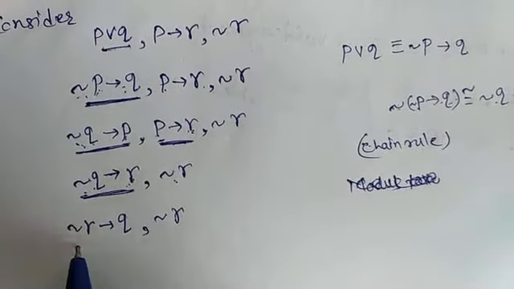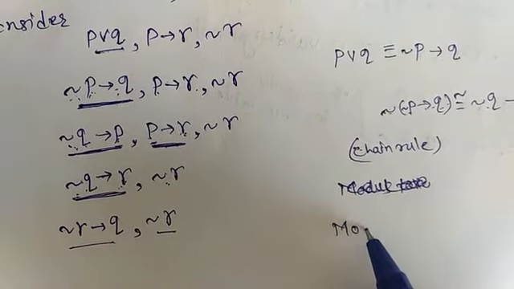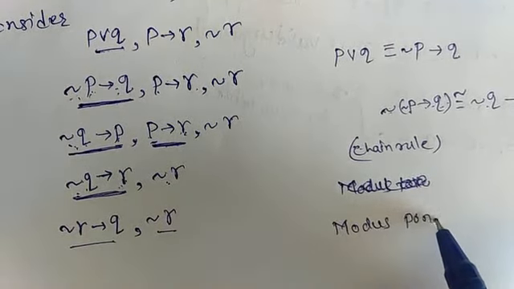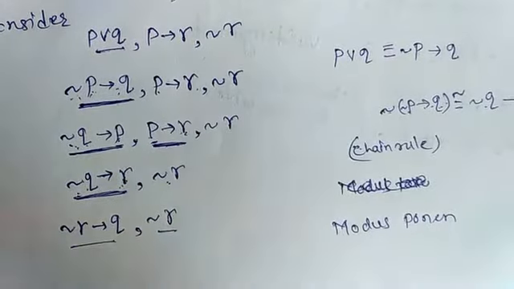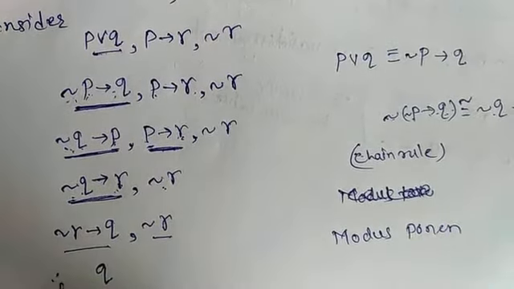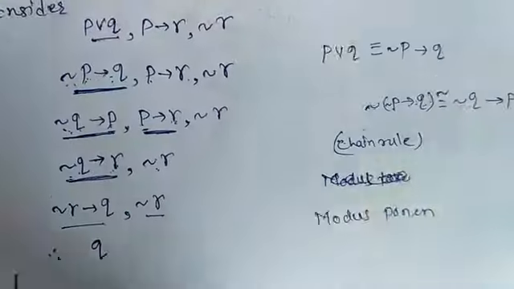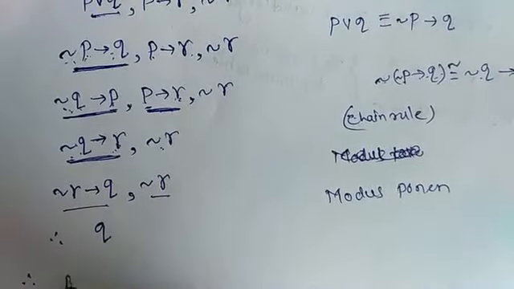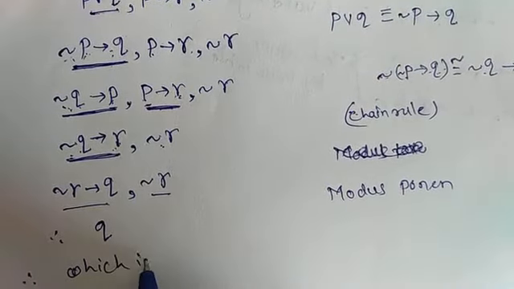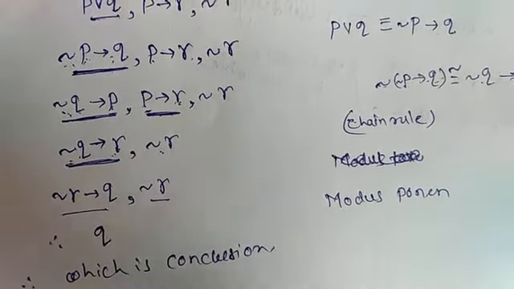Now from this, by using the Modus Tollens rule, we will get the conclusion Q, and here the conclusion is Q only. That means we are getting the conclusion.